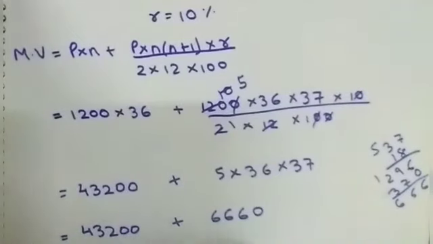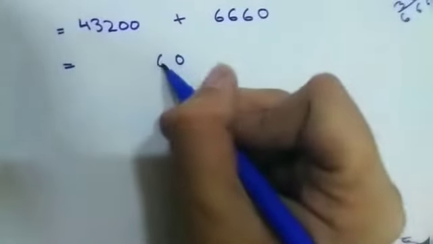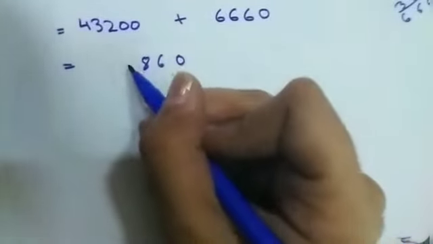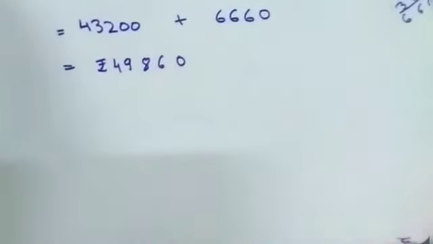Now 43,200 plus 6,660 is equal to 49,860 rupees. So this is the answer for A.